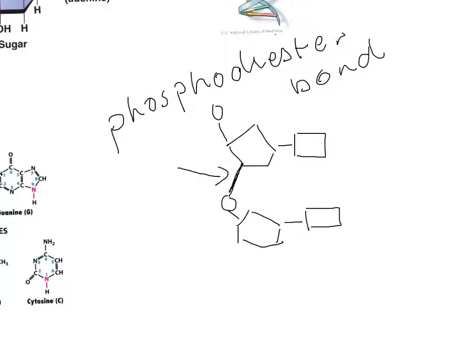Much like all the other bonds that we've come across in macromolecules, it's formed by a condensation reaction, and it's called a phosphodiester bond because it's an ester bond. It's 2 ester bonds, if you like, 1 ester bond here, 1 ester bond there, and it involves a phosphate group, hence phosphodiester bond.